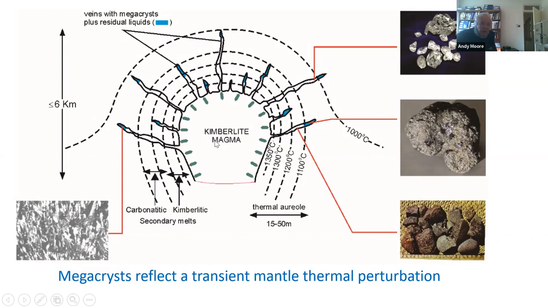They were silent on the nature of the magma, but I believe it's the kimberlite magma, but this isn't critical for the model. And they suggested that small volumes of this magma were injected into fractures in the surrounding thermal aureole, and these crystallized as pegmatitic veins. So the megacrysts are parts of pegmatitic veins crystallizing down this thermal gradient.